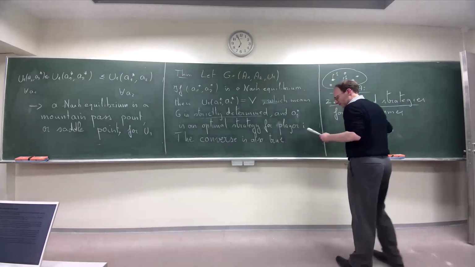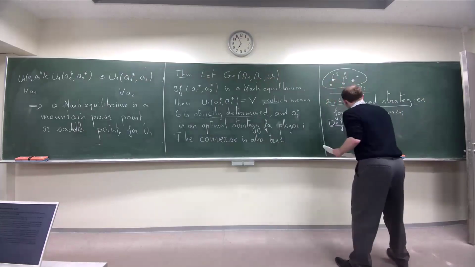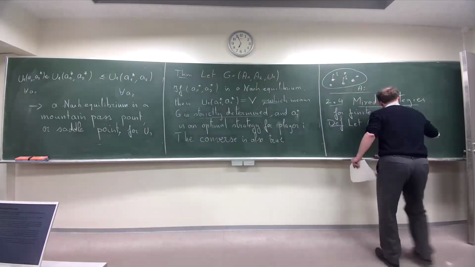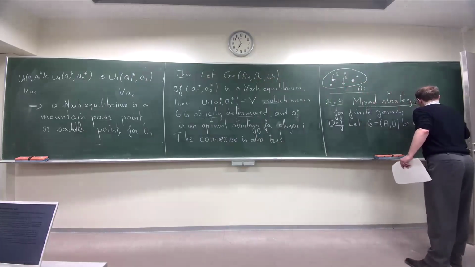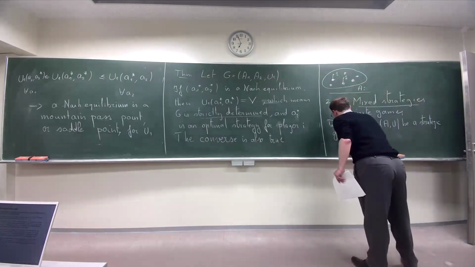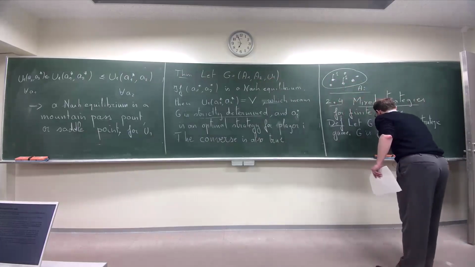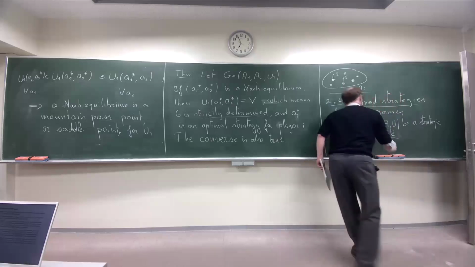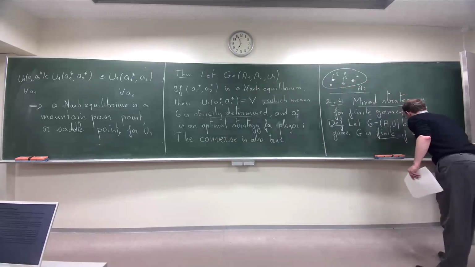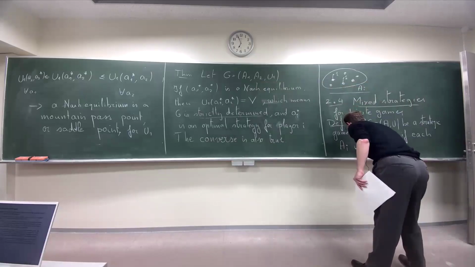So I can write it here. The definition of a finite game: let G be this, A and U, a strategy game. We say that G is finite if each A_i is finite.